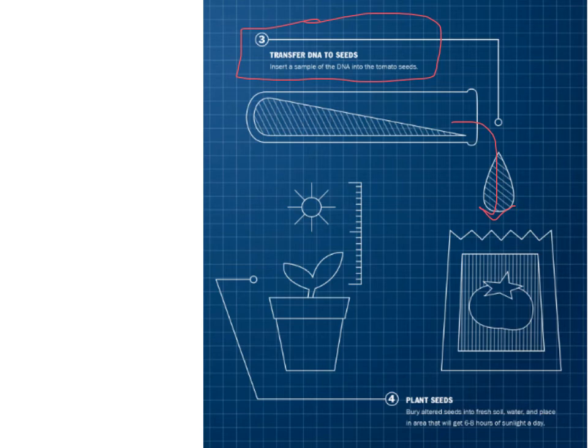We'll get into a little bit more how this actually happens during this unit. After the DNA is transferred into the seeds, of course, you'll have to plant those seeds. So, those seeds go into the soil, you bury them, and make sure that they're getting proper nutrition and sunlight, and then what you have is a genetically modified tomato.